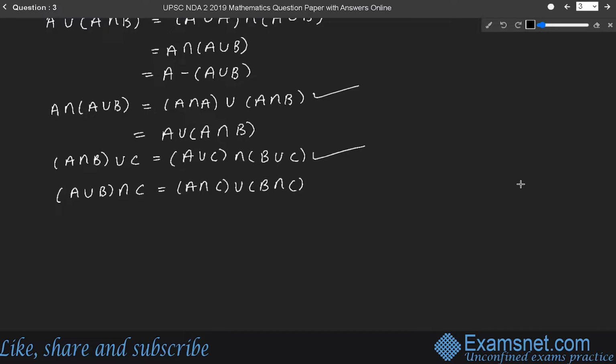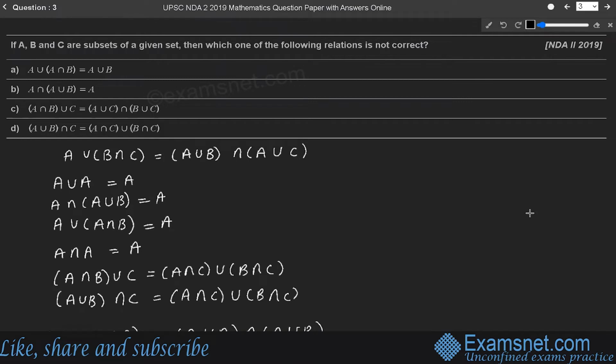We have to look for the statement which is not correct, and we have already seen that B, C, and D are correct. So the one which is not correct here is statement A.